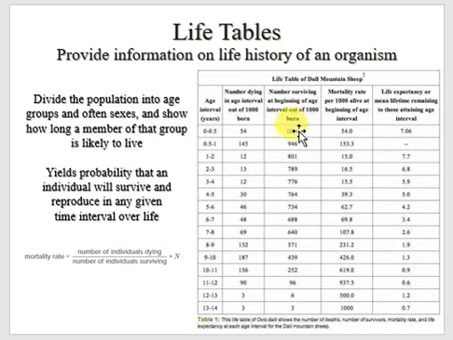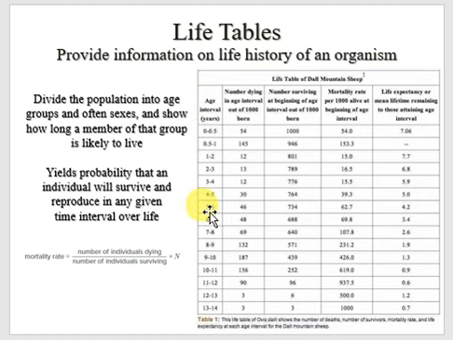So here is an example of a life table. This is a life table that was created from a study on Dall mountain sheep, a species of sheep that are native to northwestern North America. Now, the population is not divided by gender, but into age intervals, represented by number of years.